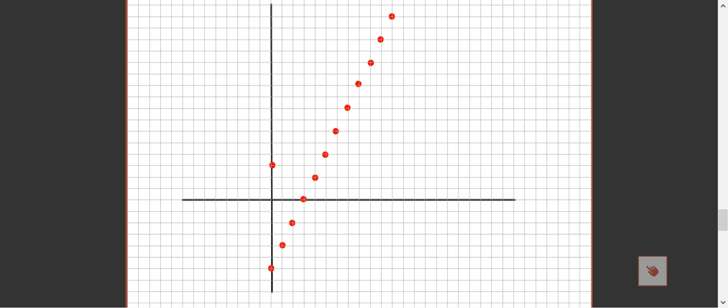I could have just done a couple and then drawn my line through it. The more you've got, the more accurate, but once I know where my line's going, I can draw my line. Now, what people do, though, is they put some points and then they just draw their line. Just lazy, all right?